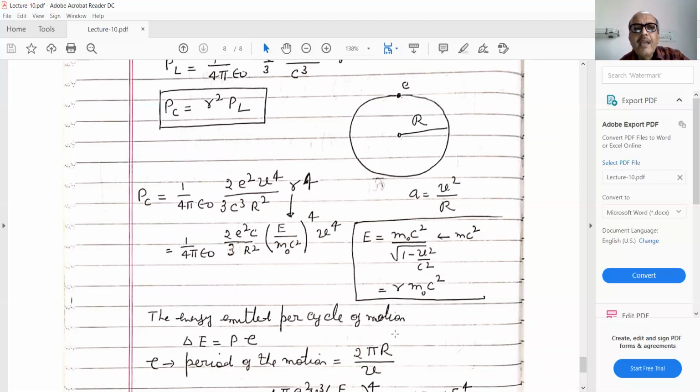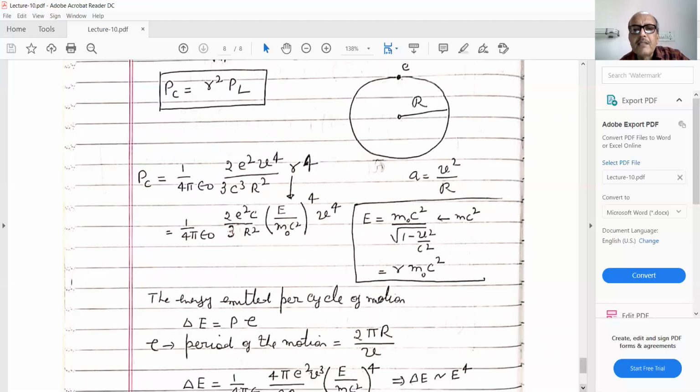Since we have R here, and R is still in the denominator, one R will cancel, and for energy we will be left with just R in the denominator. Similarly, B to the power 4 divided by B will give us V cube. Cube of the velocity will appear.